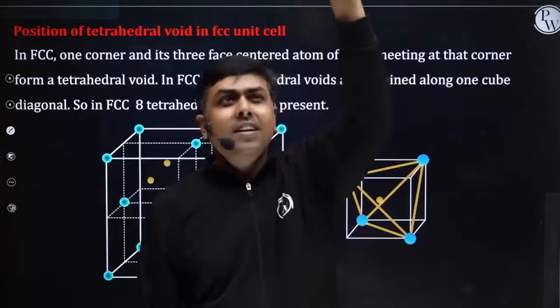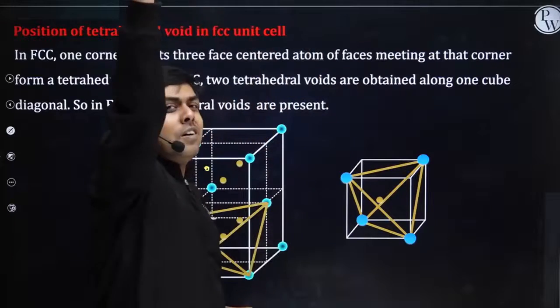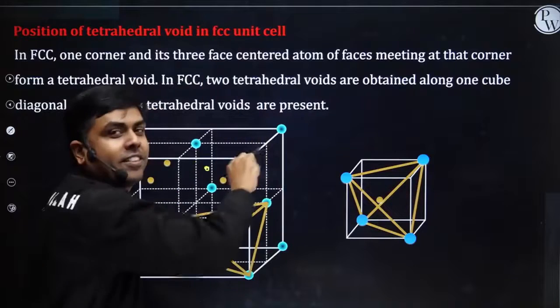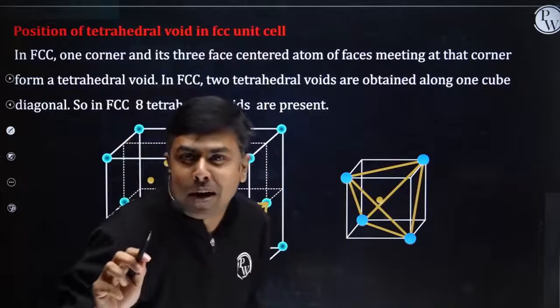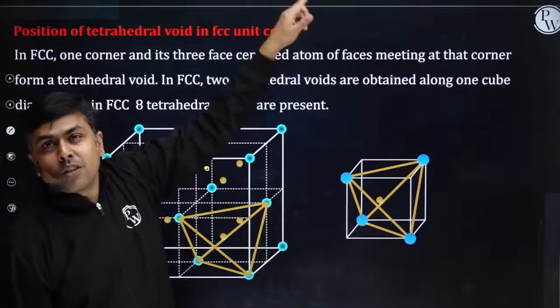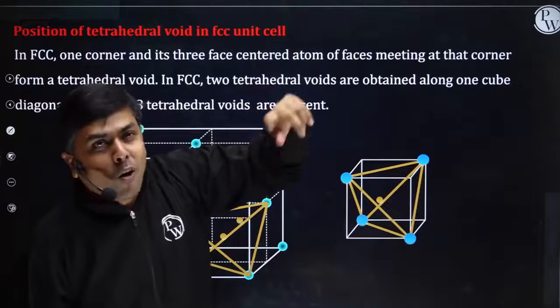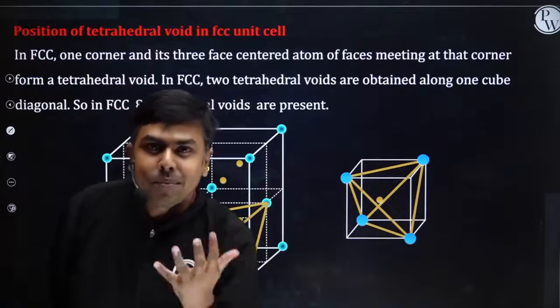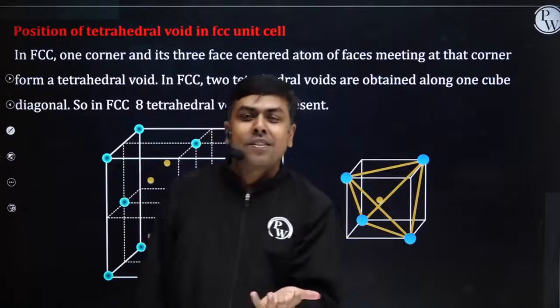Am I clear? Now, one sphere and one sphere touching each other, forming a triangular pattern. Can I say the fourth sphere, which is placed at the corner, will also touch these spheres? Because in FCC, the corner atom touches the adjoining face center atoms, right?